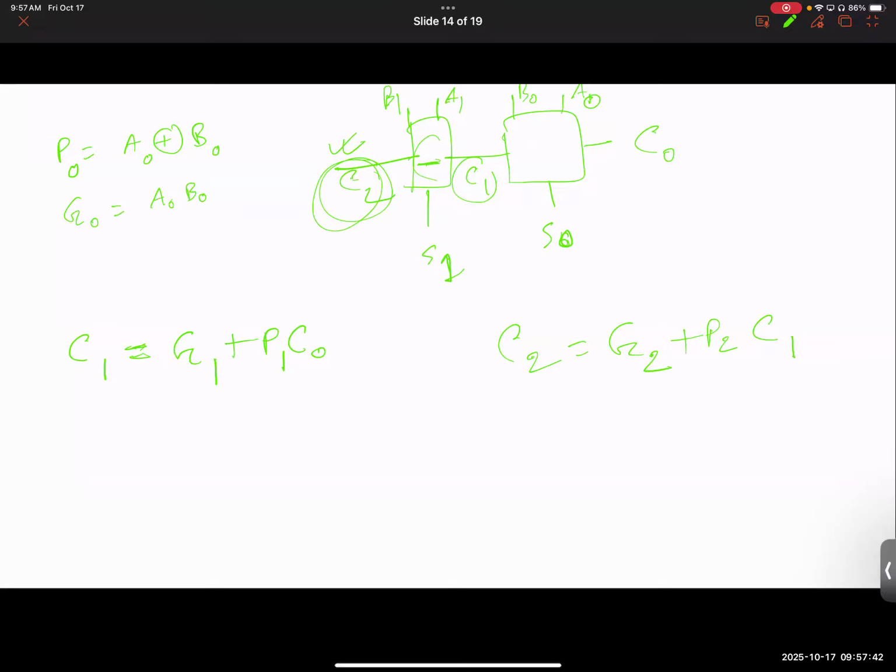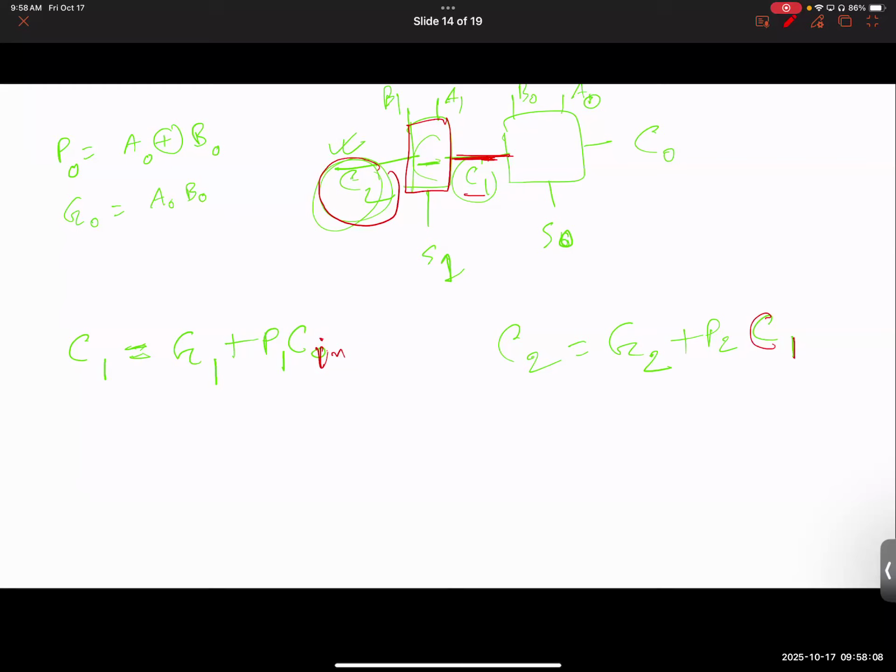Am I making sense here? Remember, this is essentially carry in, not necessarily carry 0, right? What is the carry in for the second stage? The carry out of the first stage, which is C1. So when you calculate C2, this will be C1.